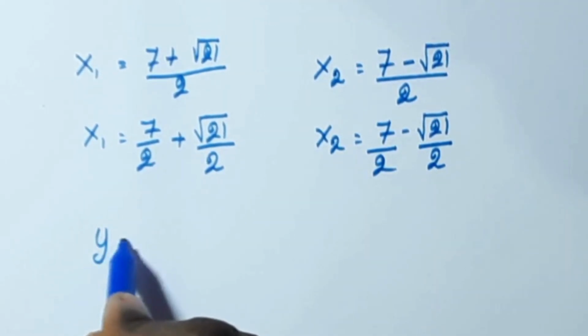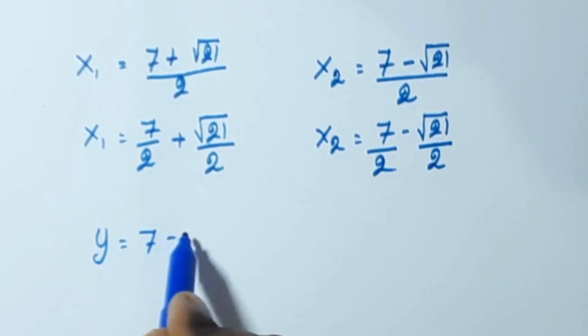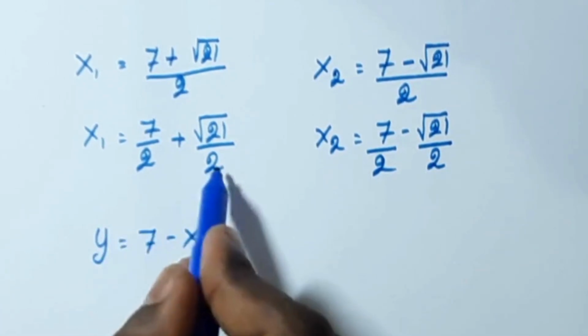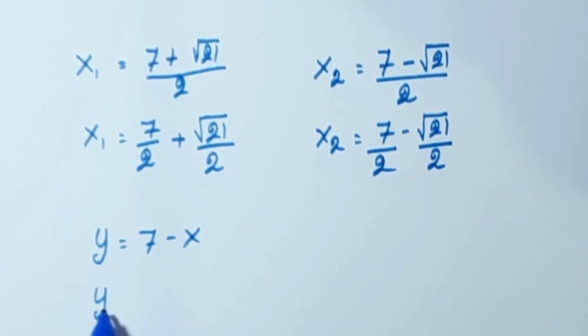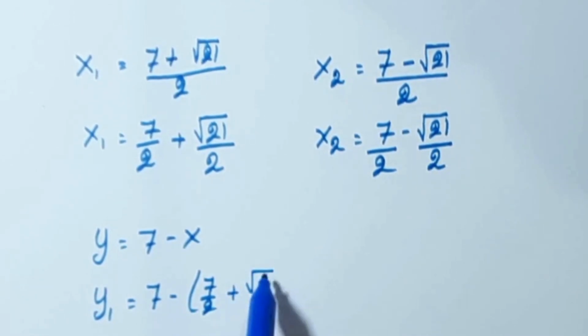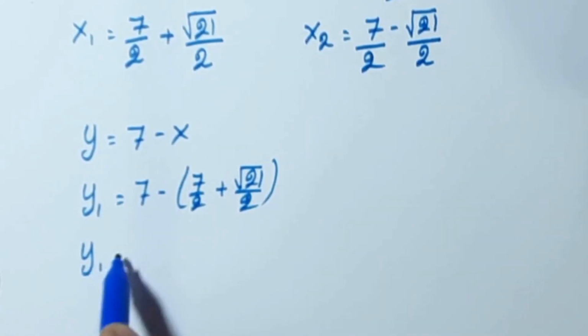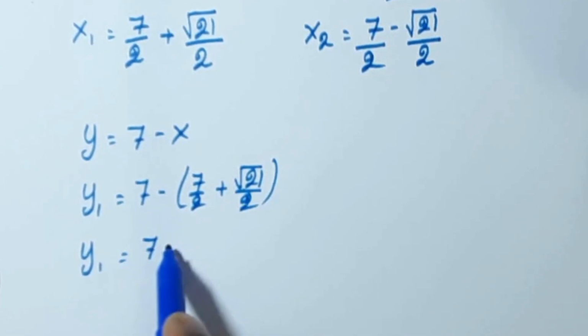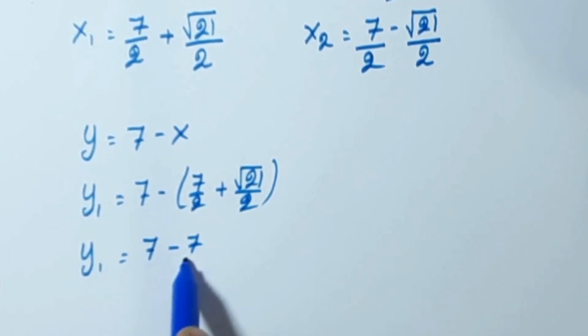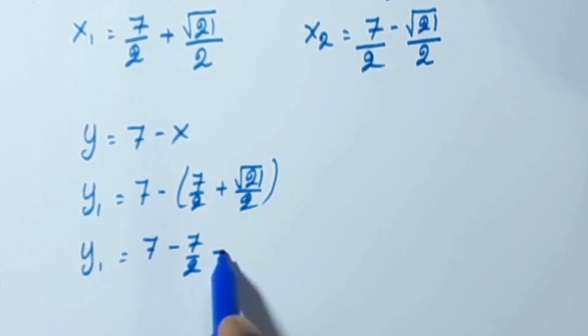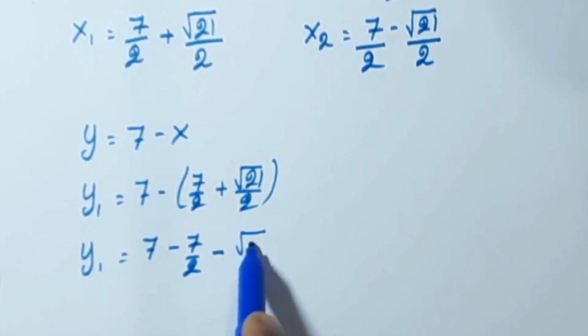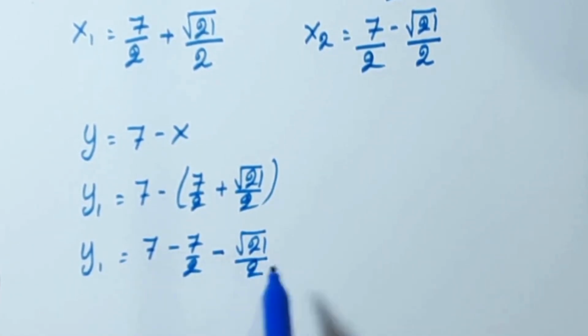From the equation y equals 7 minus x, now we know x here. So y1 equals 7 minus 7 by 2 plus square root of 21 by 2. Now y1 equals 7 minus 7 by 2 minus square root of 21 by 2.